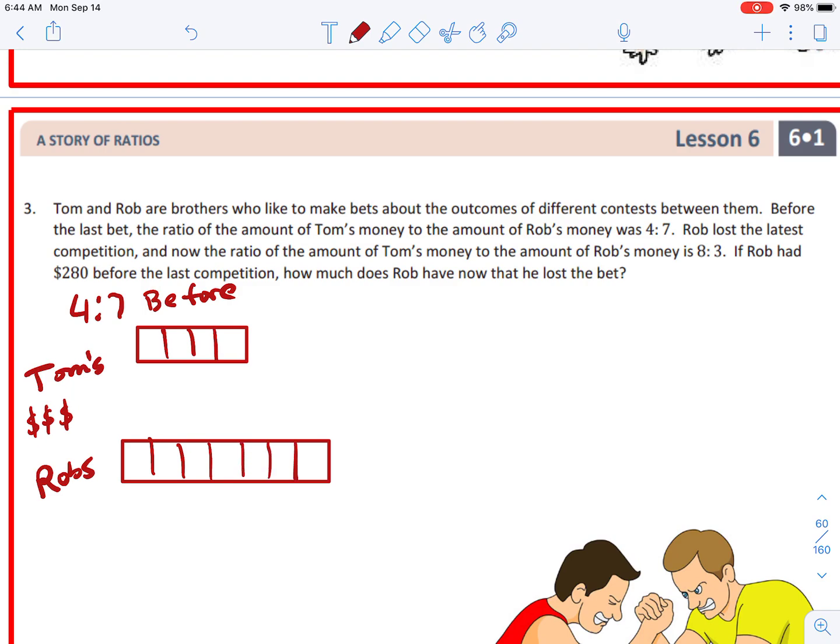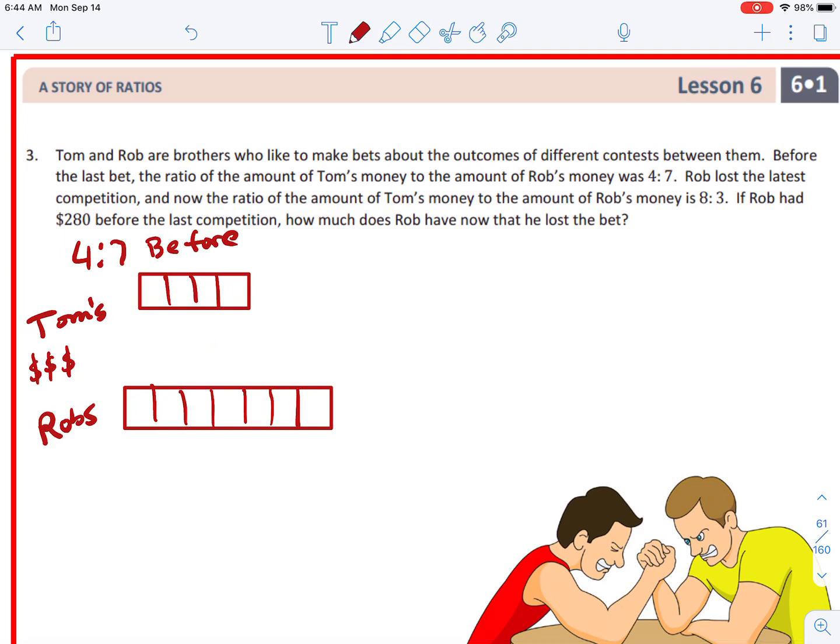Rob lost the latest competition, and now the ratio of the amount of Tom's money to the amount of Rob's money is 8 to 3. So after the next competition, the ratio was 8 to 3, Tom to Rob.